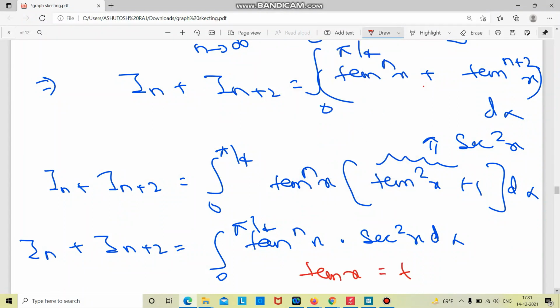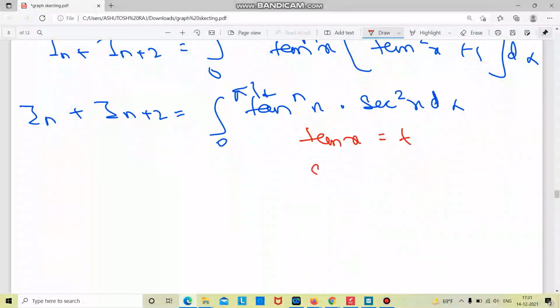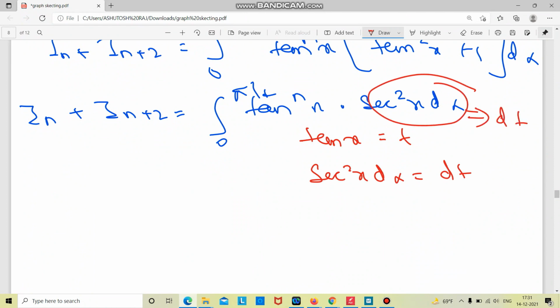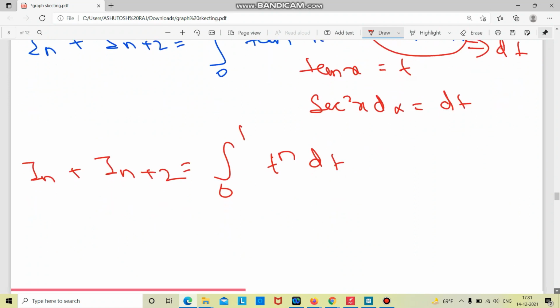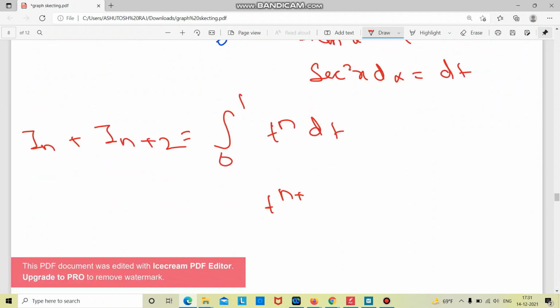Let tan x be equal to t. We will use substitution: sec squared x dx is dt. So this will convert to the integral from 0 to 1 of t to the power n dt, which is equal to I(n+2). Now we will do this integration and we will get t to the power n plus 1 by n plus 1 from 0 to 1. The limit will be changed as we have done substitution.